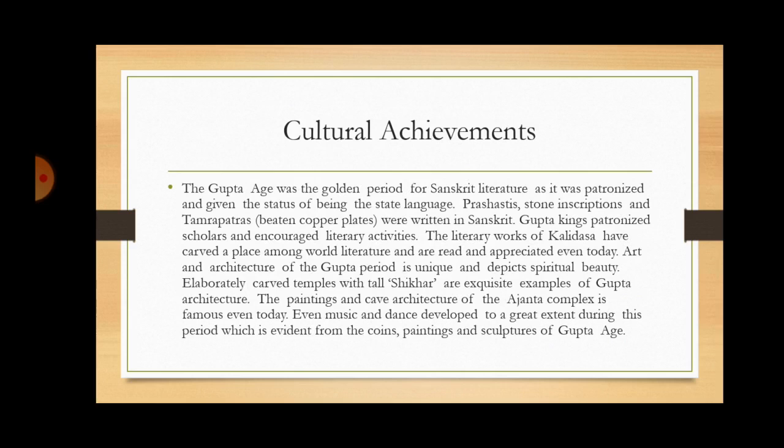Even music and dance developed to a great extent during this period, which is evident from the coins, paintings and sculpture of Gupta age. The literary works of Kalidasa have carved a place among world literature and are read and appreciated even today. Gupta kings patronized scholars and encouraged literary activities.